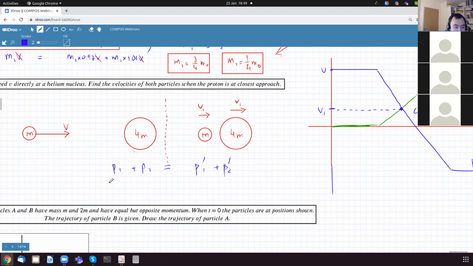So this is mv plus 0, because this is stationary, is equal to mv1 plus 4m v1.